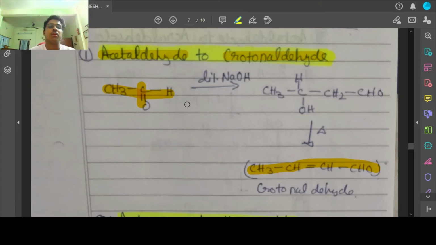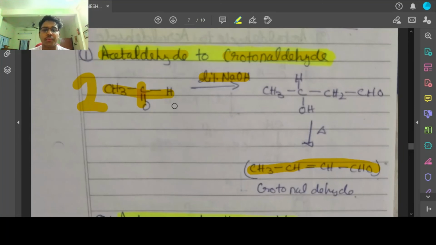So we had learned aldol condensation, with dilute NaOH. If you have 2 moles of CH3CHO, aldol condensation, as we have learned earlier.